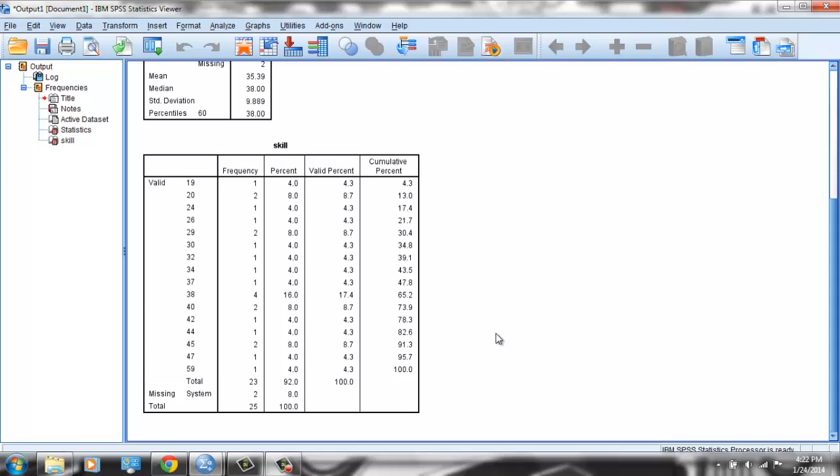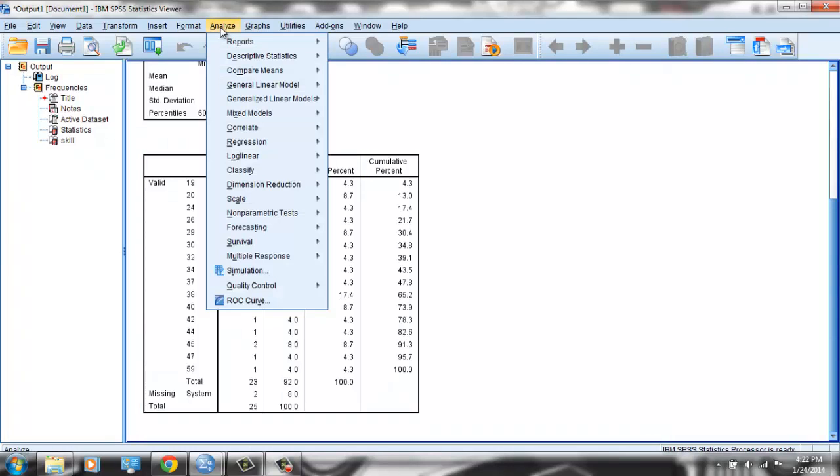So what they're asking for here, as they did in their previous examples, they want to know where these two things overlap, their sex and their marital status. So how do you do that? You go to Analyze. Now you have some options here of what you can do, but I think crosstabs, the way the book describes it, is the easiest one. So you go to Descriptives.